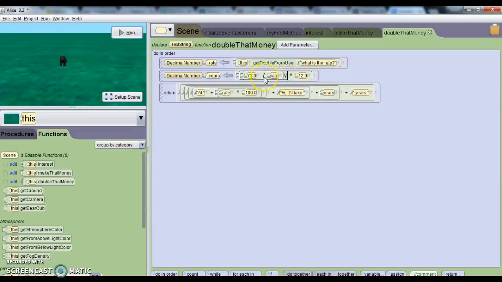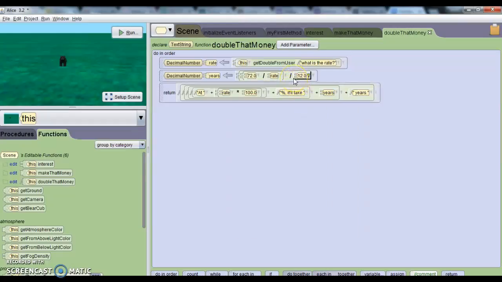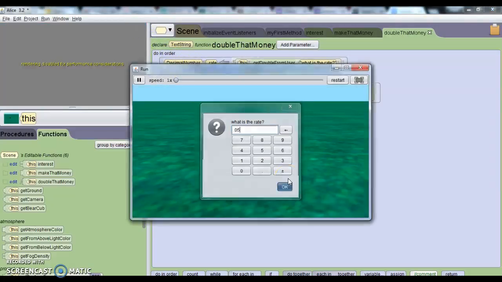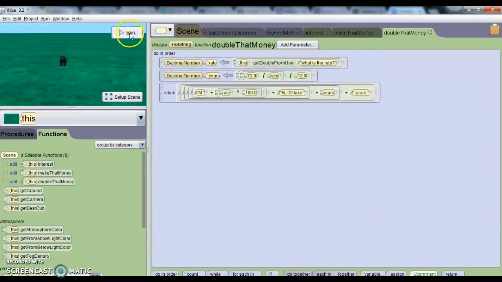If this is in months, and we want to calculate years, I apologize, it's division. Because 36 months is 3 years. So 36 divided by 12. So if the rate's 0.05, it'll take 120 years to double our monies.